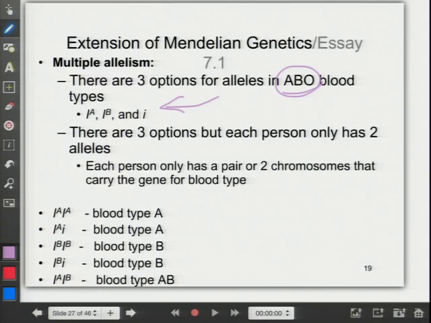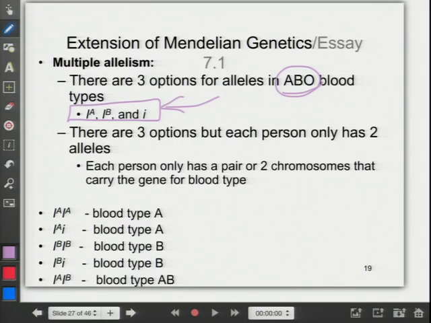And because there's more than 2 alleles, they use a superscript to designate the different alleles, because there's only capitals and lowercase. We don't have another kind of, cursive, to denote which ones these are. In this case, there is a dominant and recessive nature to these, but 2 of the alleles are dominant.